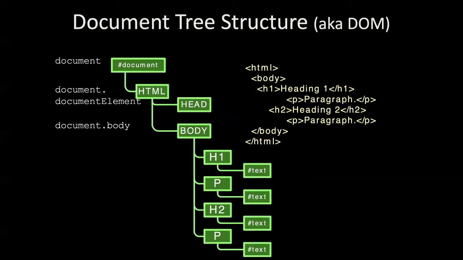So the JavaScript object at the very top of the DOM is called the document object, and it has one child called the HTML object. And then from there on down, the children depend on your actual HTML page structure.